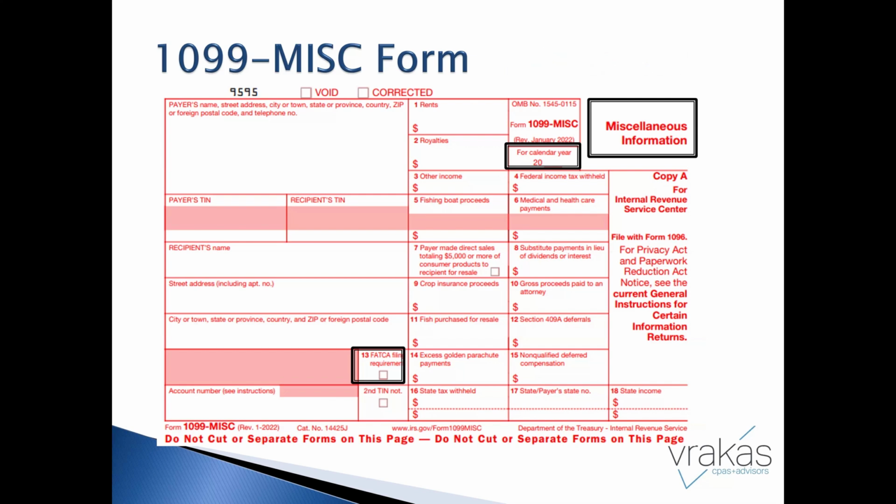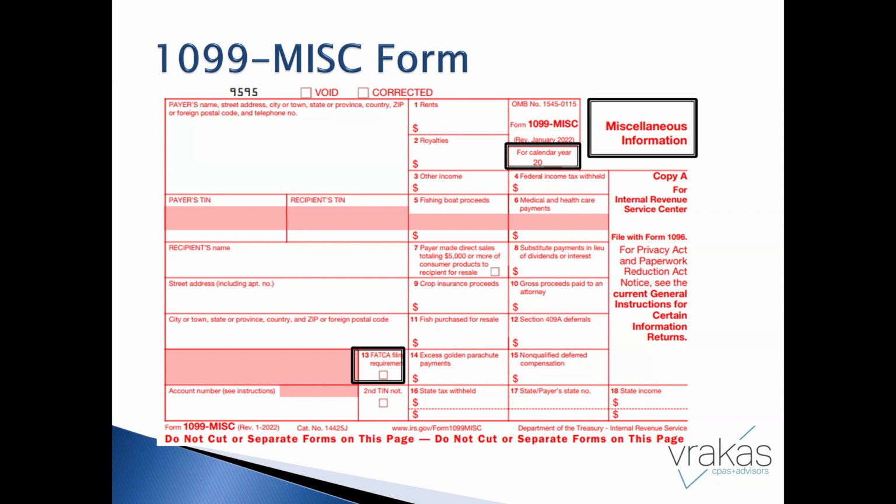As you can see, the calendar year says 20, that way you can use it continuously. It's the same form going forward. And with all the various boxes, you want to make sure that you don't complete all the boxes. You only put in the necessary information.